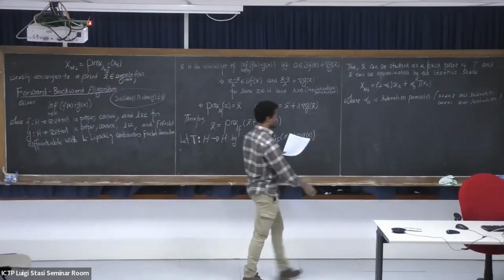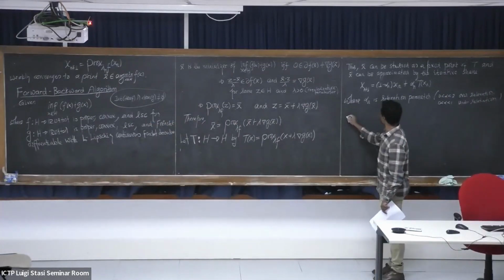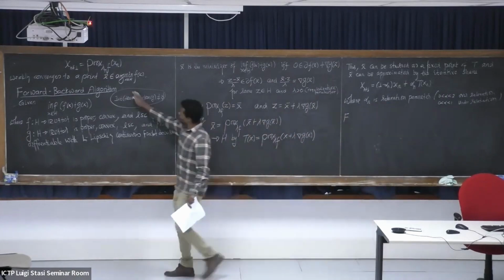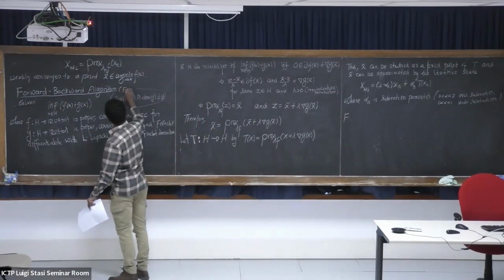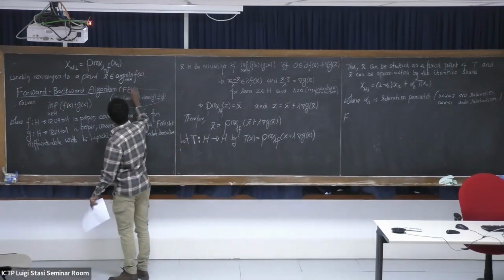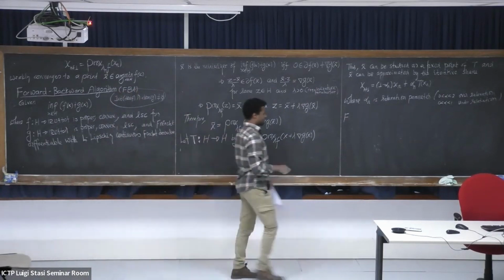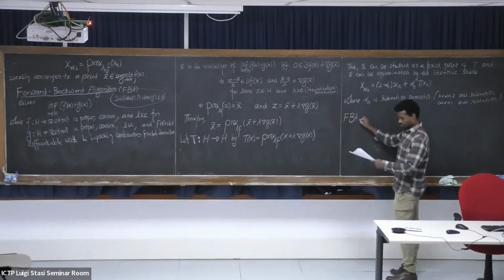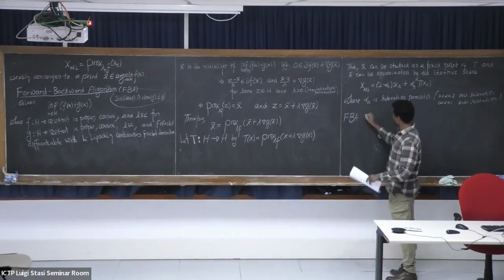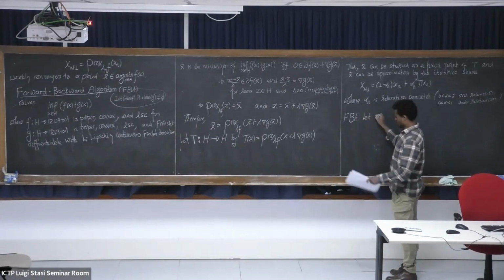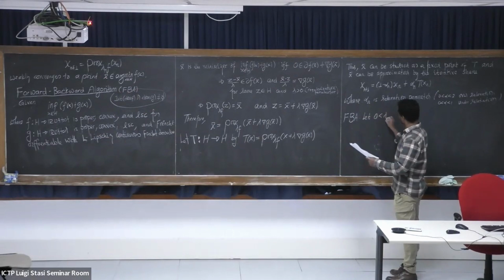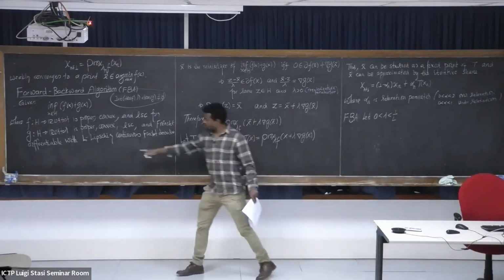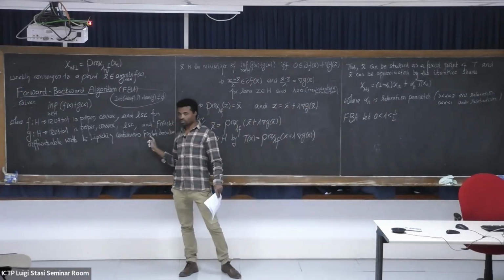So having this, the forward-backward algorithm is given by this. Forward-backward algorithm. Let lambda be fixed between this one, where L is the Lipschitz coefficient of the gradient.